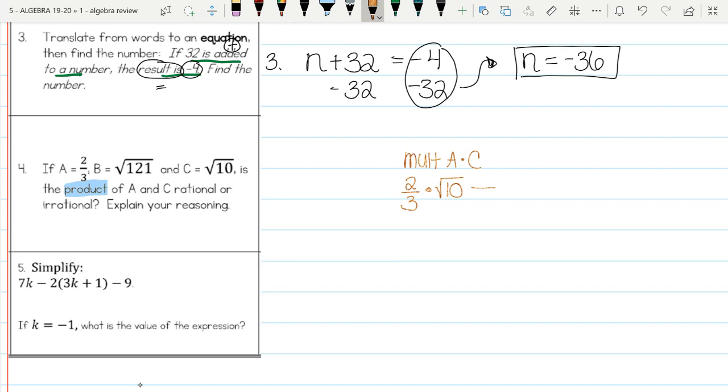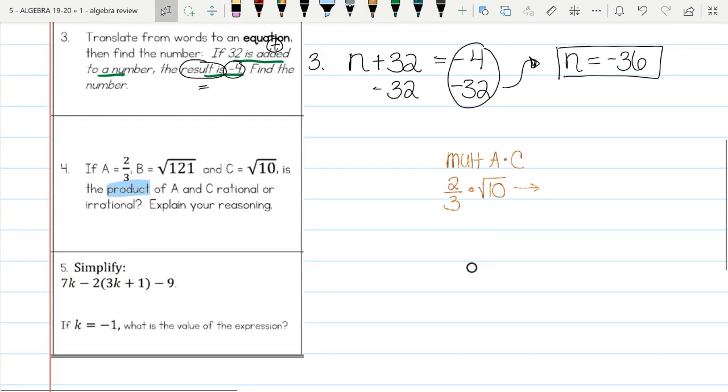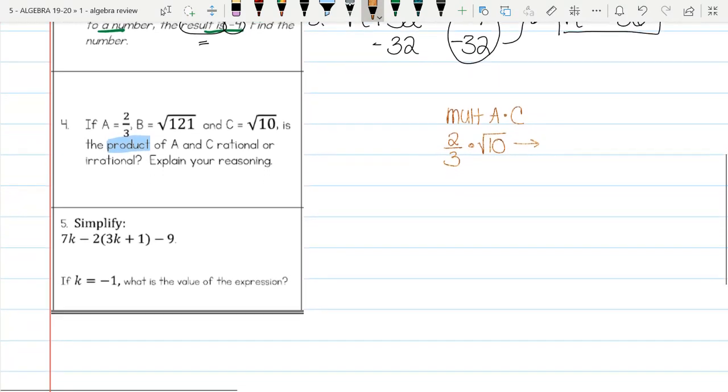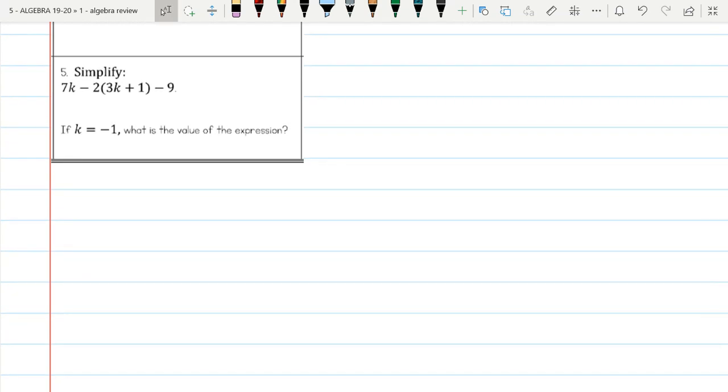And they want me to multiply that and decide if it's rational or irrational. And we'll talk more in class about that. Understand that you can do this on the TI Inspires, which we'll also learn how to do in class. All right, so let's hop down and do last but not least number 5.